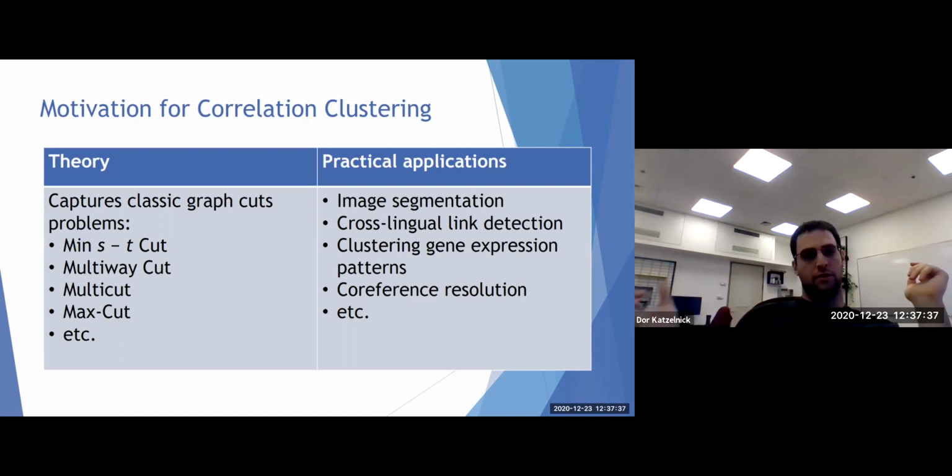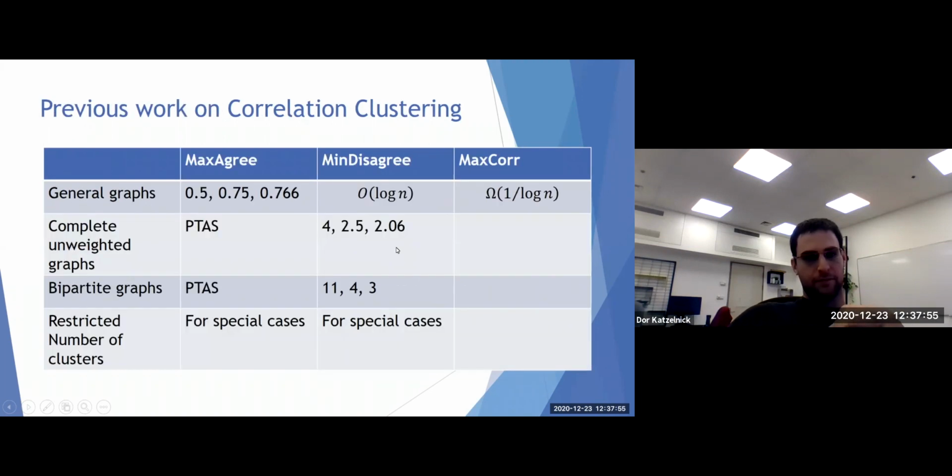And if you find a clustering into 2 clusters, then this will be exactly max cut. On the practical side, we also have some interesting applications like image segmentation and cross-lingual link detection, and so on.